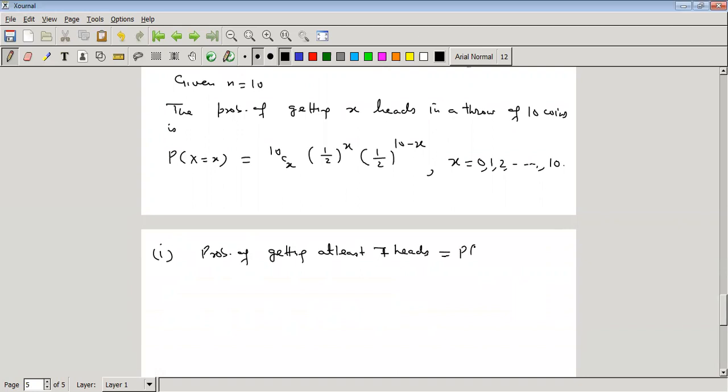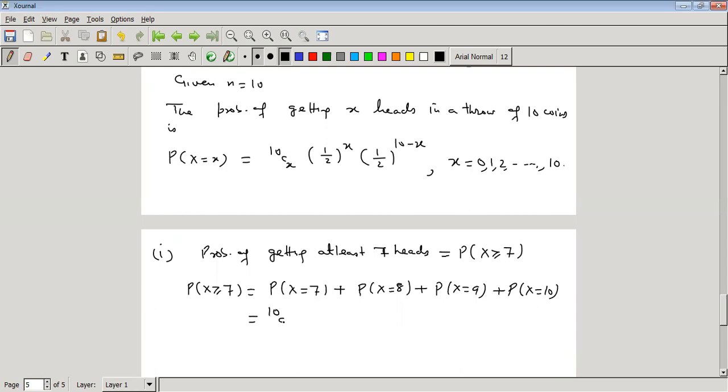That is the probability of X greater than or equal to 7, which means P(X = 7) or P(X = 8) or P(X = 9) or P(X = 10). Either we get 7, 8, 9, or 10 heads. Because all are independent, we can add them. So what is the probability of X equal to 7?